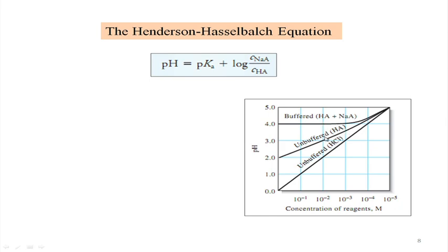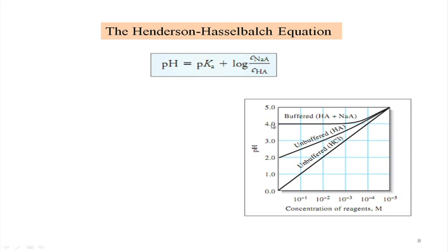Similarly, if you have some weak acid HA, like acetic acid, and it is unbuffered also, the pH can vary from 2 to 5 due to the change in concentration from 10 to the power minus 1 to 10 to the power minus 5. Only in the dilute condition is the pH going to the pK value, which is 4.75 for acetic acid.